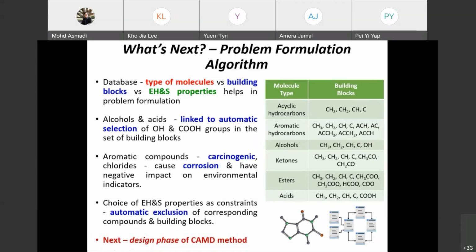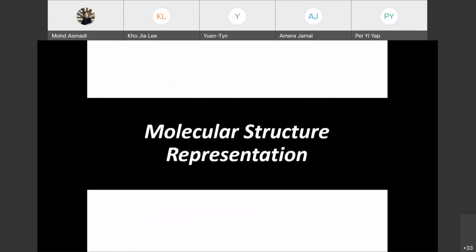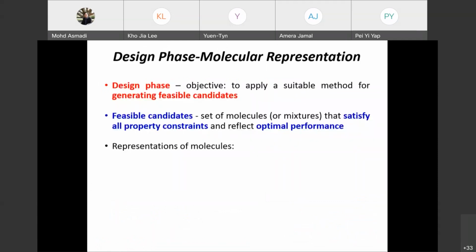So let's see the molecular structure representation. How can we represent the molecular structure? If given the quantitative problem specifications, the objective is to apply a suitable method for generating the feasible candidates.